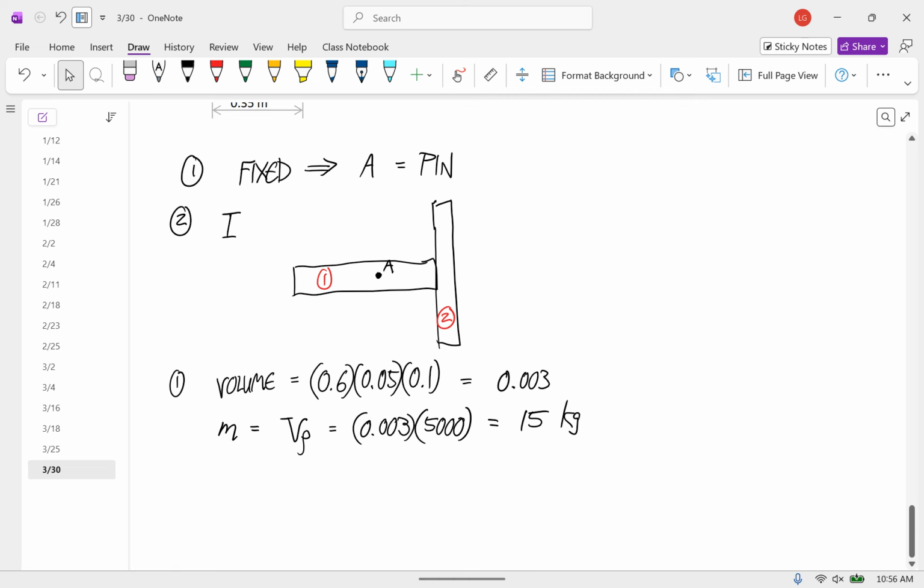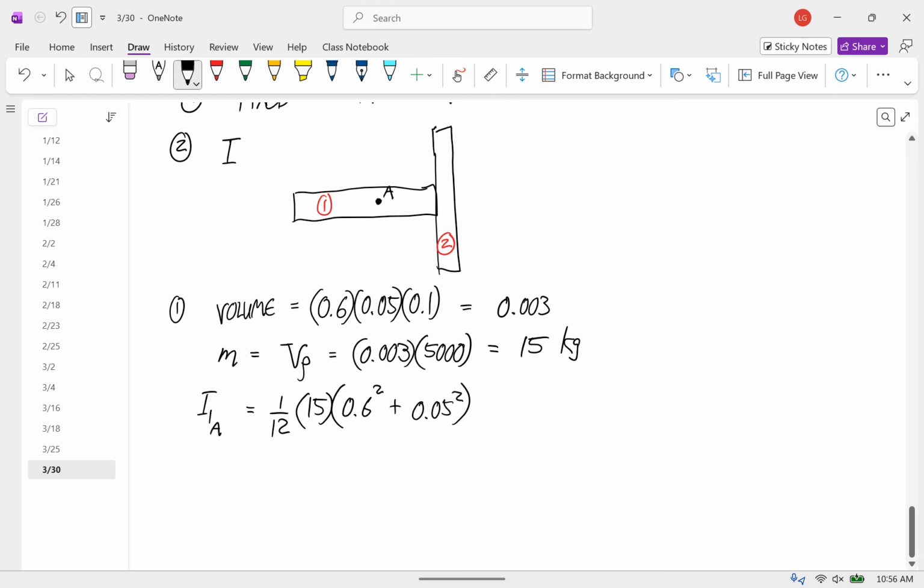And then the moment of inertia of 1 about that point A is 1/12 times the mass of that rectangle times the quantity length squared plus width squared. And then we have to use the parallel axis theorem.